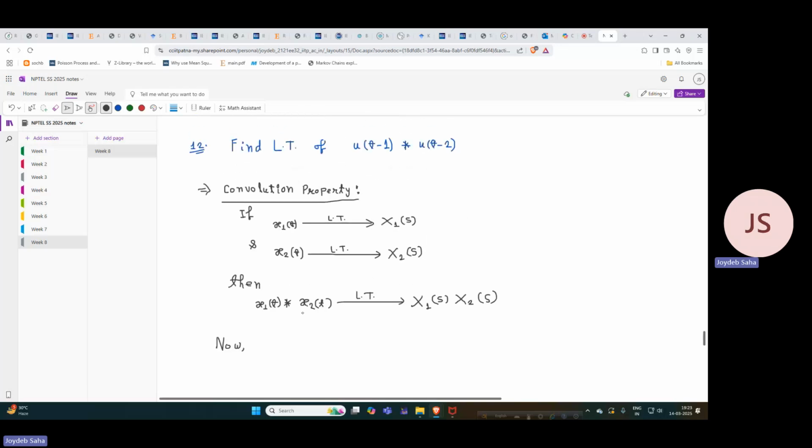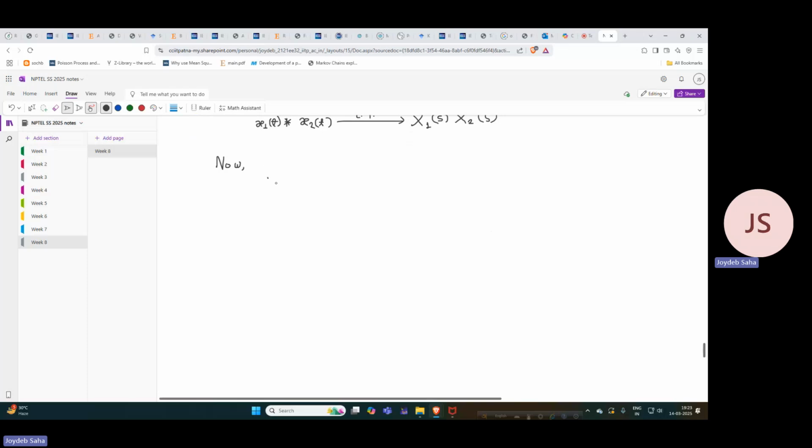we know the Laplace transform of u of t minus 1. That we have already solved, right?